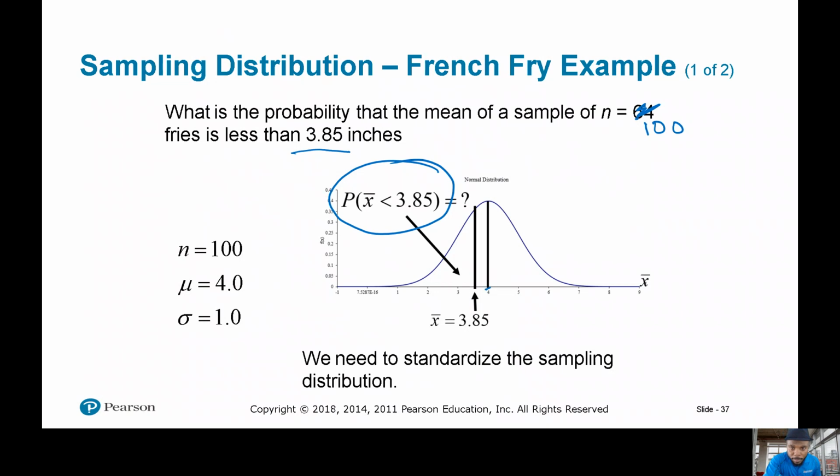So if the mean here is 4, then somewhere around here is 3.85. So the area that we're interested in is this area. Now the z table in your textbook only gives you positive values.